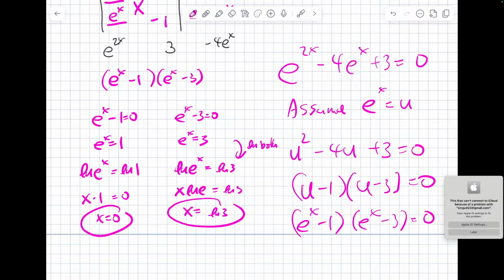And then ln of e is 1. So I drop the x in the front, so x times ln of e, so that means x times 1 equal to ln 3. So this is 1. So that becomes 1x equal to ln 3. Oh, that's a 3. Sorry, it looks like it. Never mind, that's okay. And natural log ones.